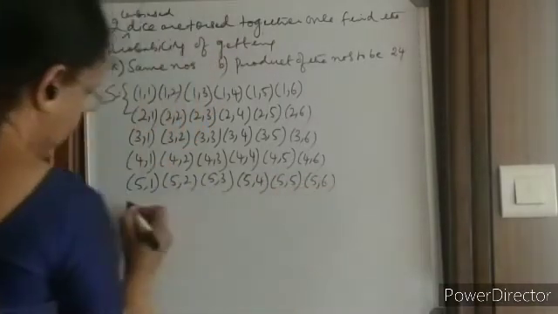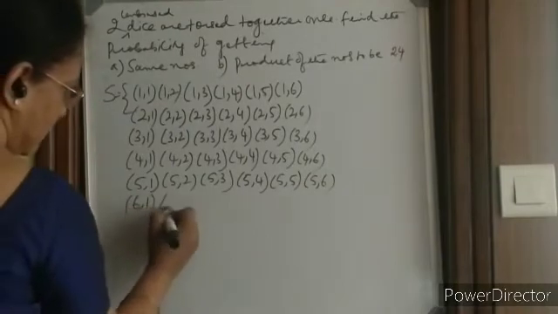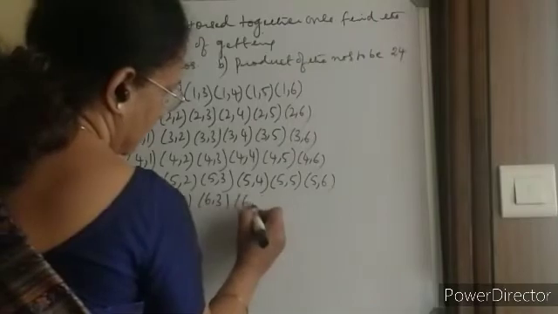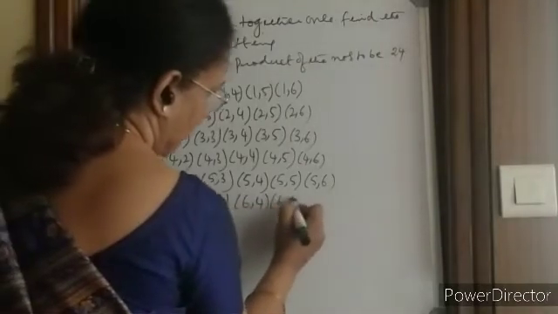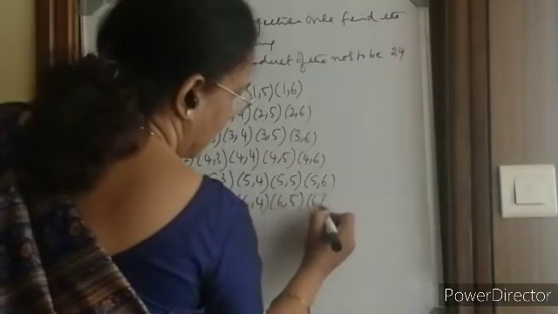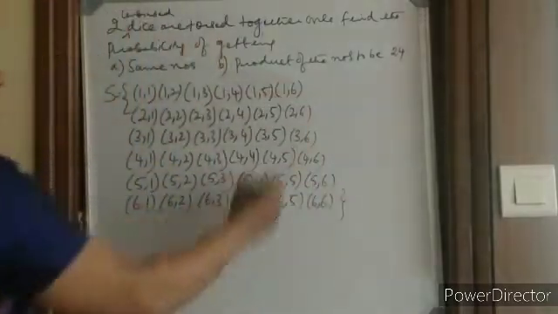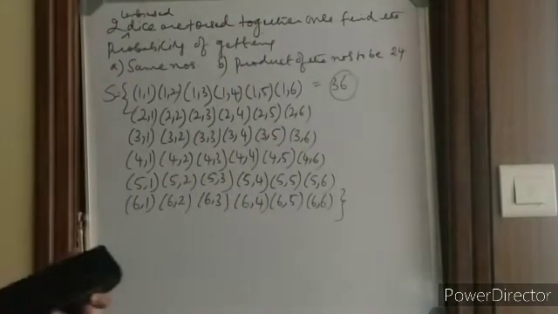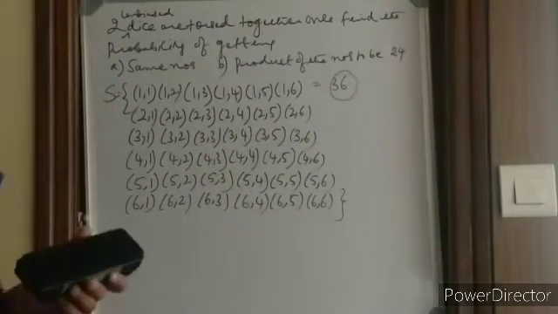So the last one. Now just see here. Together you have 6, so altogether there are 36 outcomes. This is how you will have to write it down.